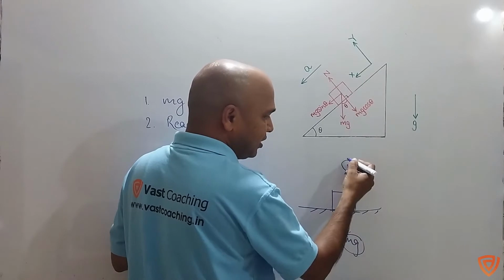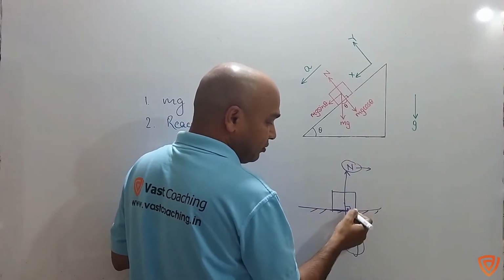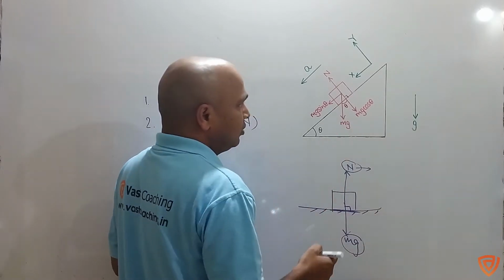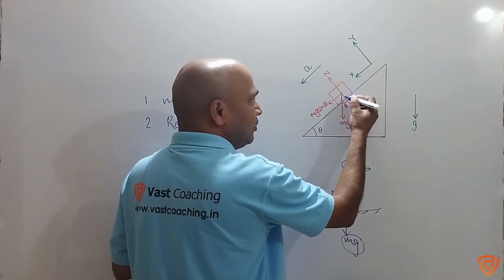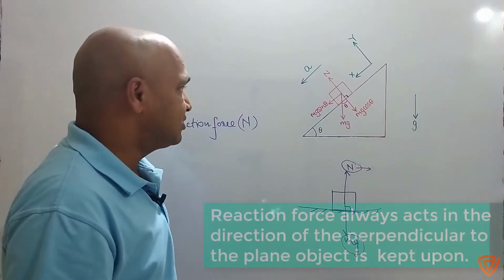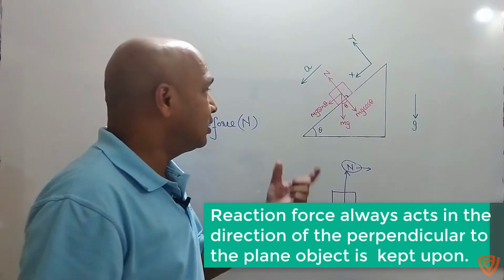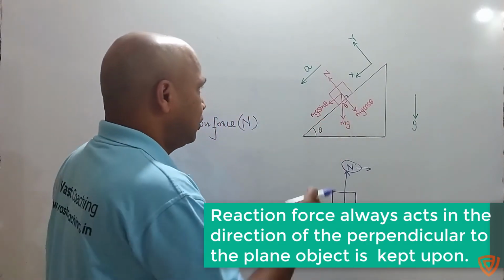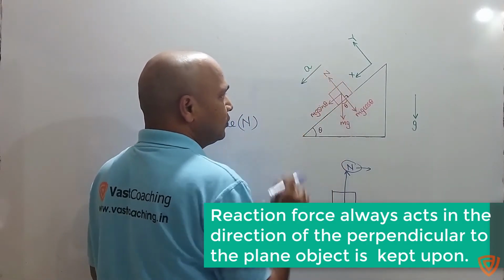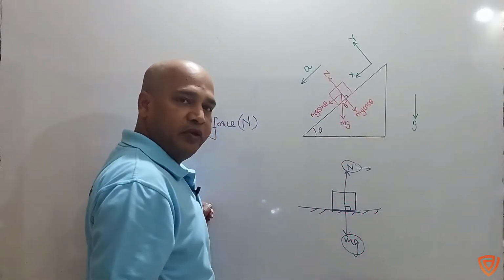Here it was vertically up, but here it is perpendicular to the plane it is kept upon. Okay, so keep this in mind. Reaction force will always be perpendicular to the plane the block is kept upon. So this is the direction of reaction force, and this is the direction of your weight.